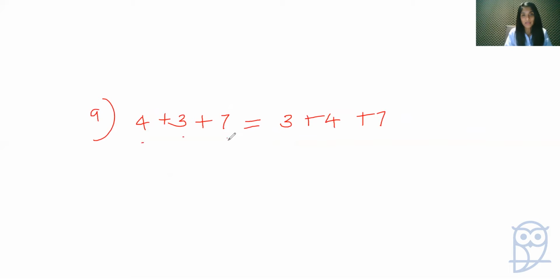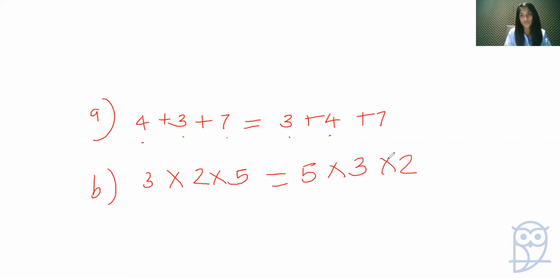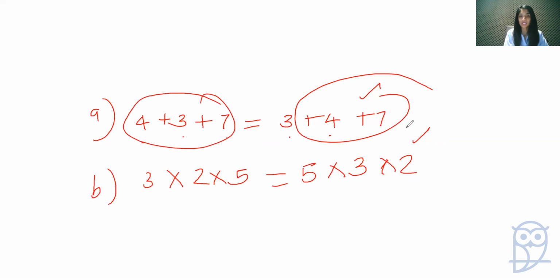If I say 3 times 2 times 5 is equal to 5 times 3 times 2, that will give me the same answer. So if I use either addition or multiplication, the commutative property applies. It doesn't matter in which order the operation is taking place, which number I'm adding first or last in the equation, it will still be the same.